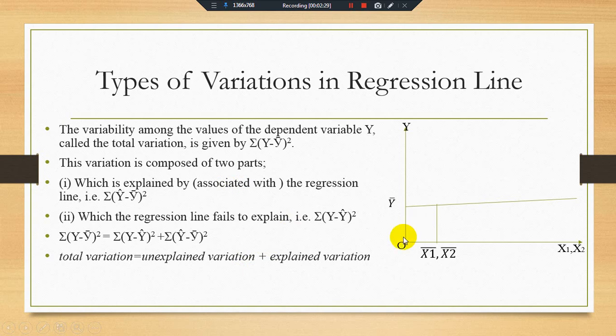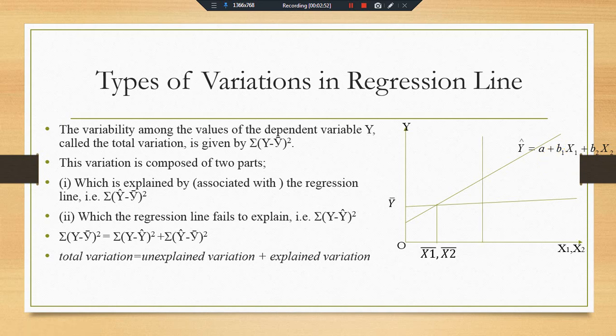Our estimated regression line passes through the mean value of the dependent variable and the mean values of the independent variables. Our estimated regression line is equal to a plus b1 x1 plus b2 x2.